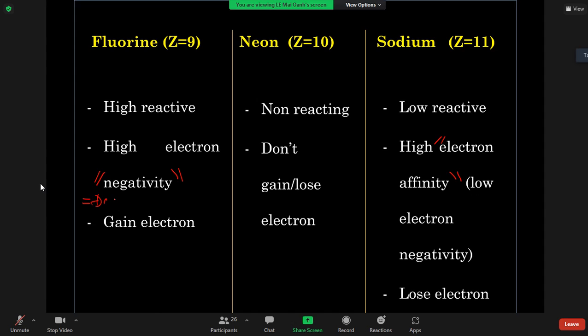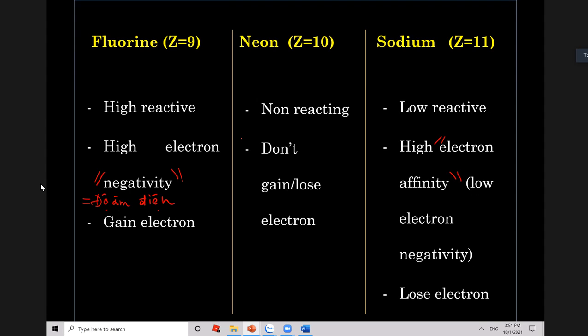Các bạn khác chưa biết thì có thể ghi vào độ âm điện. And electron affinity. Who knows? It is ái lực điện tử. Các bạn biết ái lực điện tử chưa?